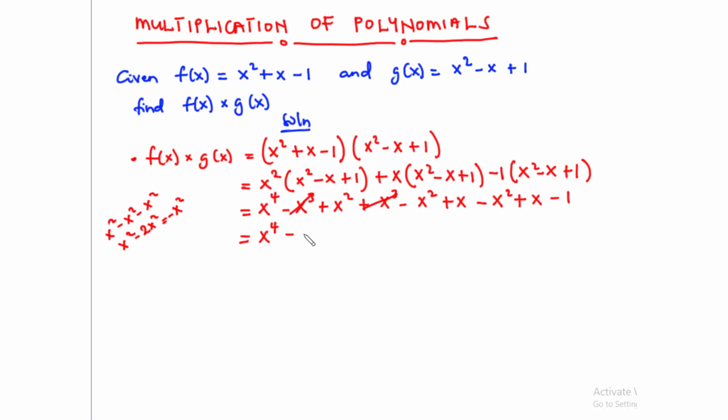So we have negative x squared, and then we have x plus x, which is 2x, and then negative 1. So we have f of x times g of x to be equal to x exponent 4 minus x squared plus 2x minus 1. Now let's try another question.